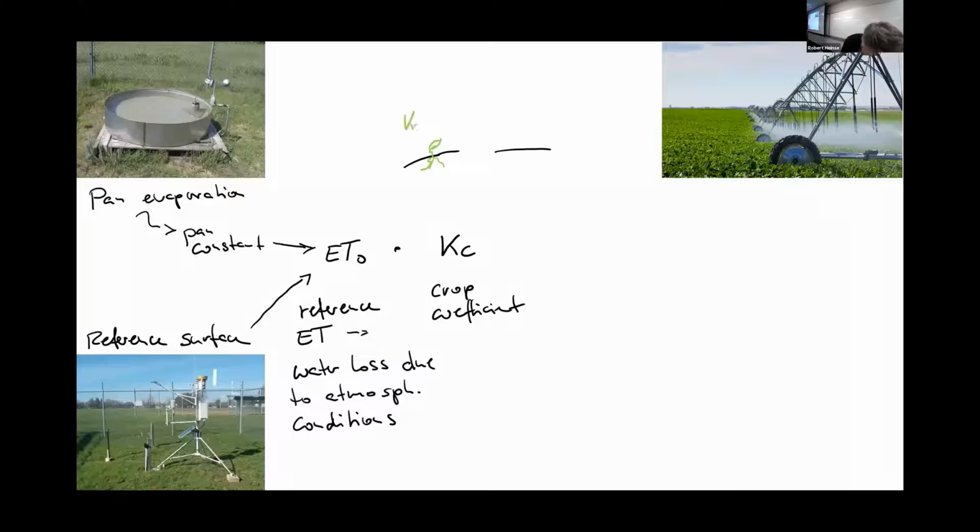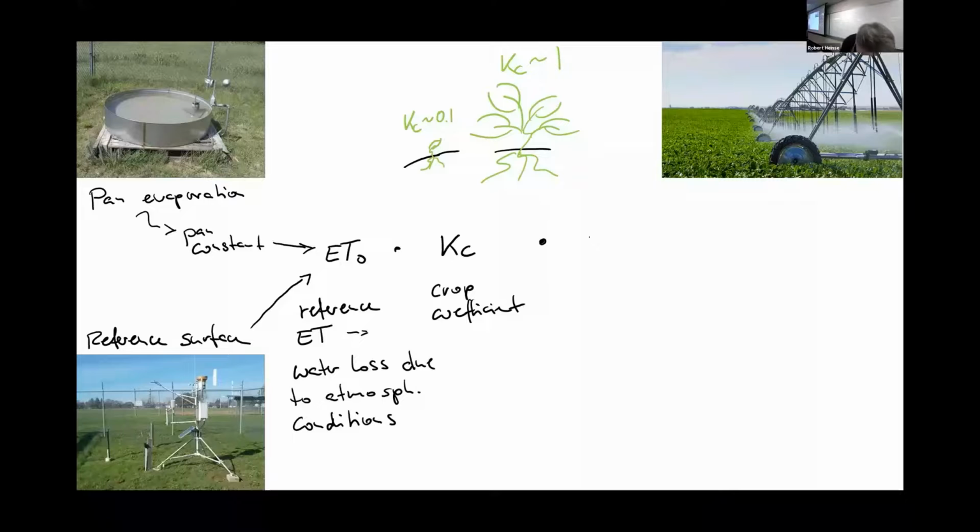So KC is going to be closer to, let's say, 0.1, versus you have a fully developed plant, closed canopy, then that crop coefficient is going to be closer to 1, plus the crop differences as well. So you can enter your life stage and crop type there.